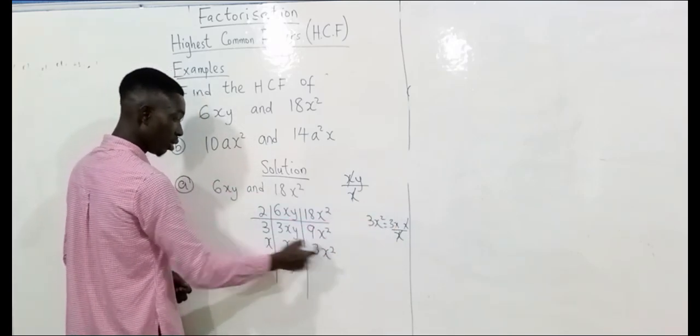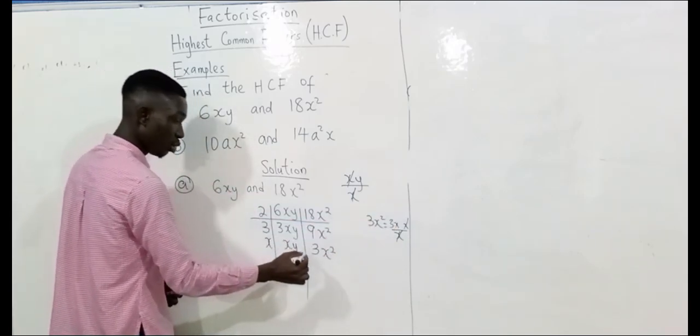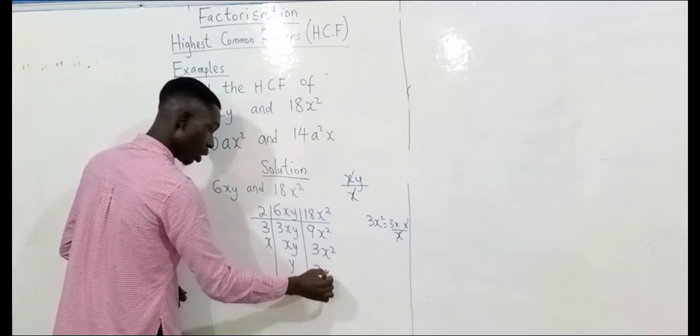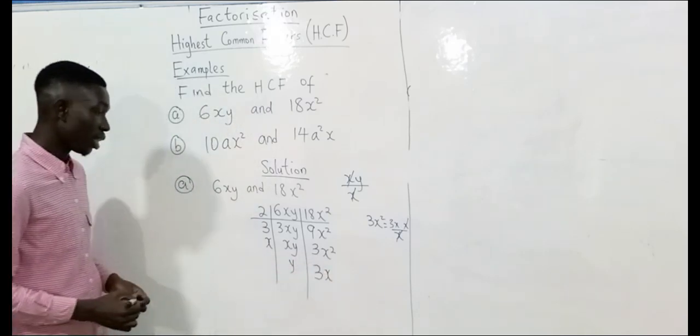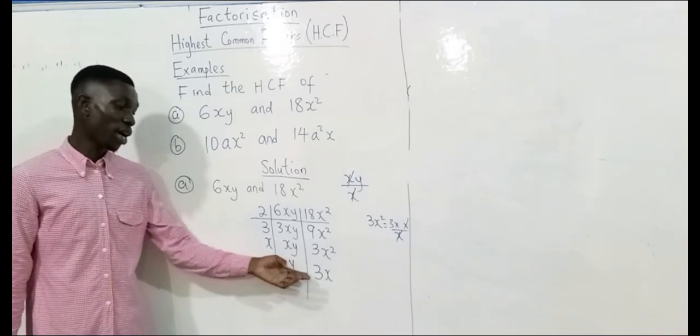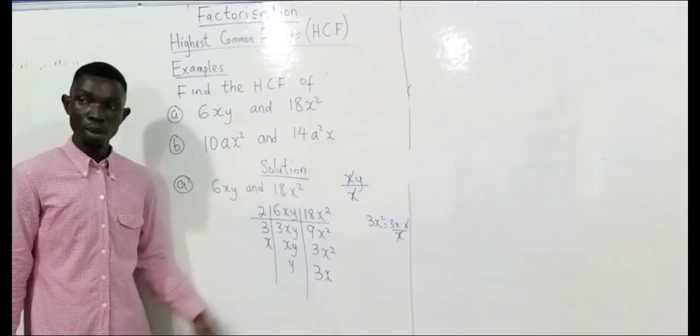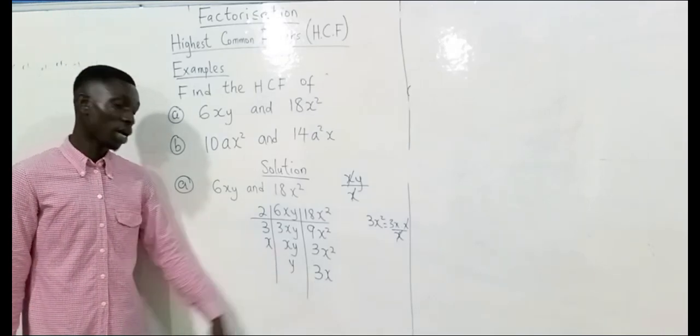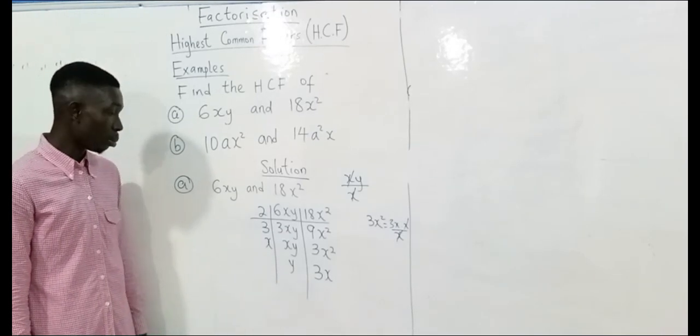So 3x squared divided by x gives us 3x. At this point, there is nothing that can divide both terms at the same time.